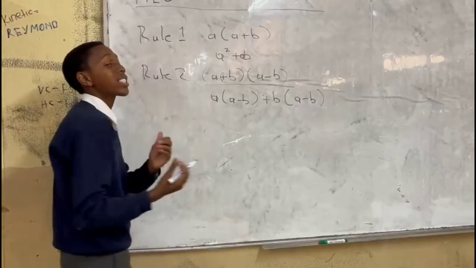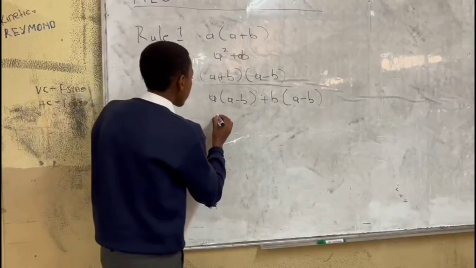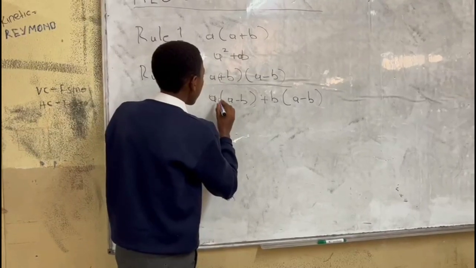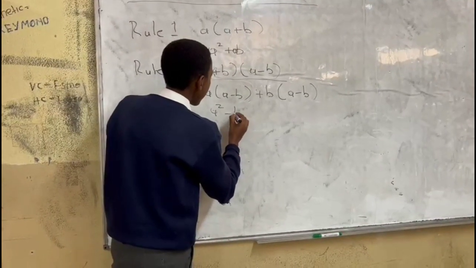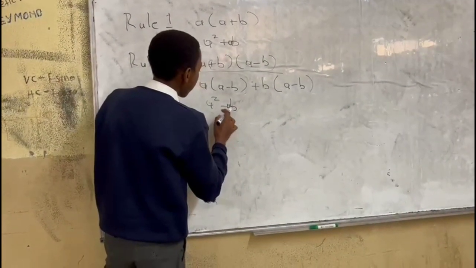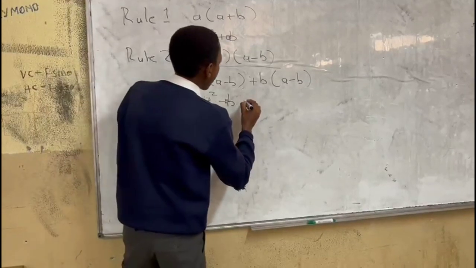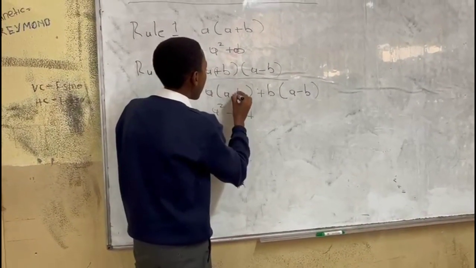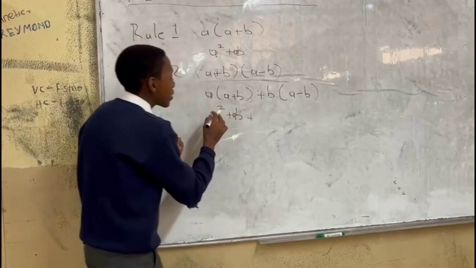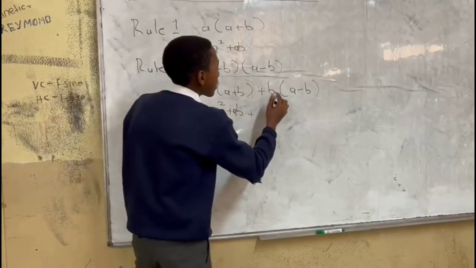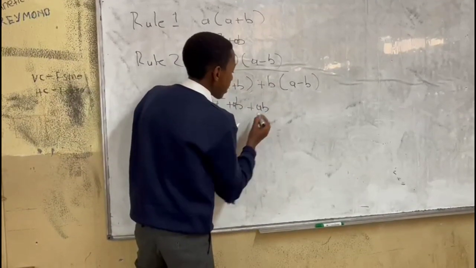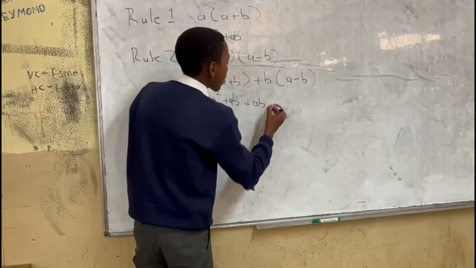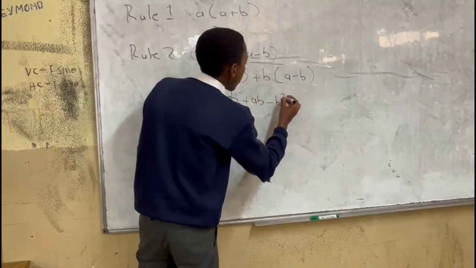So now we're going to simplify it. We're going to say a to the power 2 minus ab. Guys, sorry, I made a mistake. It has to be positive ab. Then we're going to say ab, and when it goes that side, it becomes a negative b to the power 2.